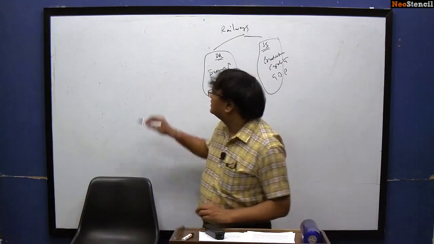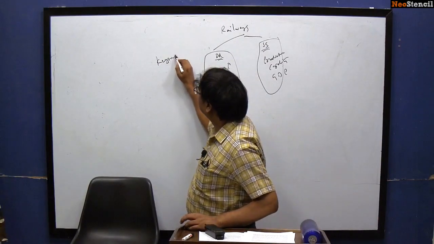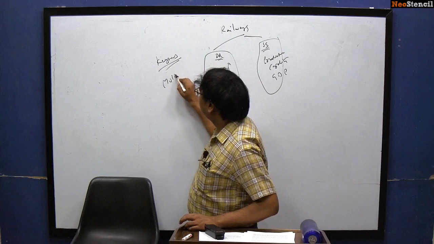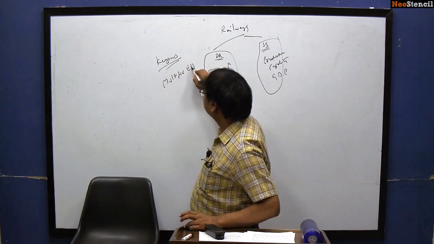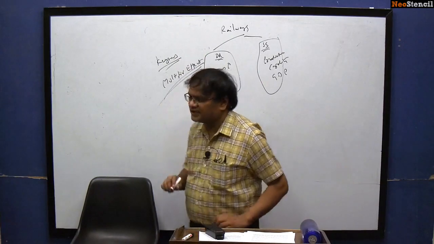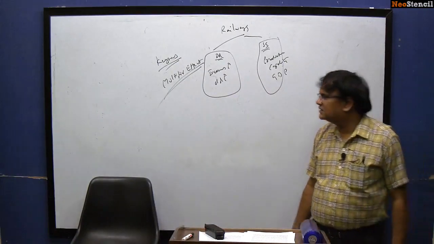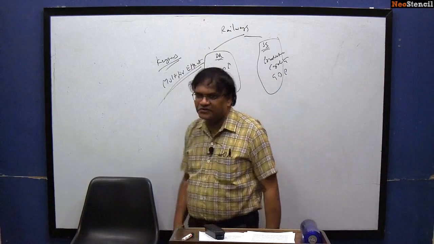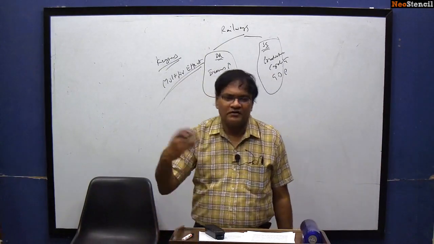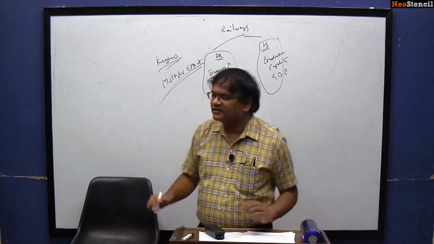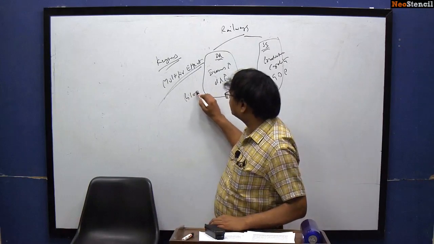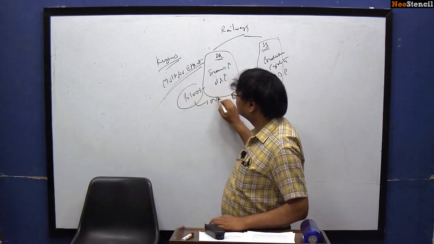That is what John Maynard Keynes calls the multiplier effect. If you invest 10 rupees today, tomorrow it can result in a 100 rupees increase in output.